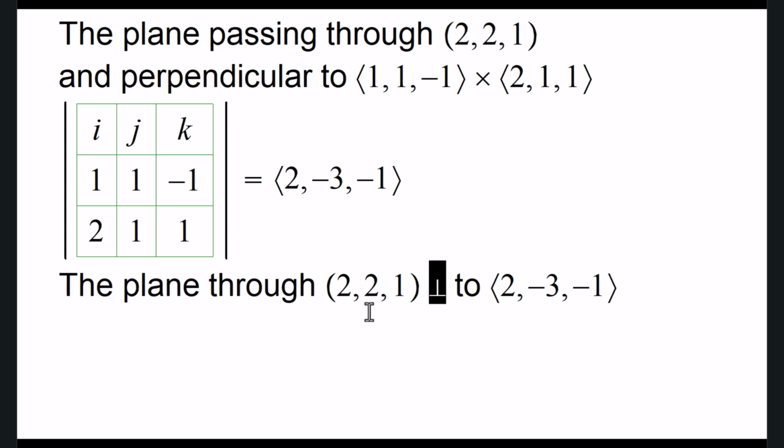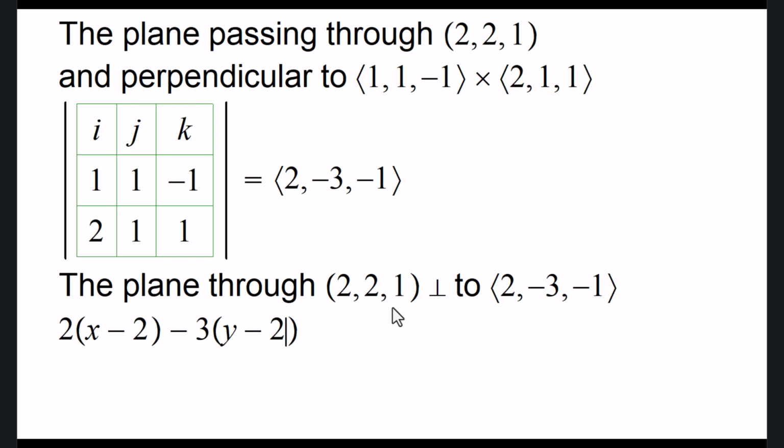So we just have to find the plane passing through this point and perpendicular to this vector, and that will be, as usual, we'll just take the components: 2 times (x minus 2). Now the second component of the perpendicular vector is negative 3.